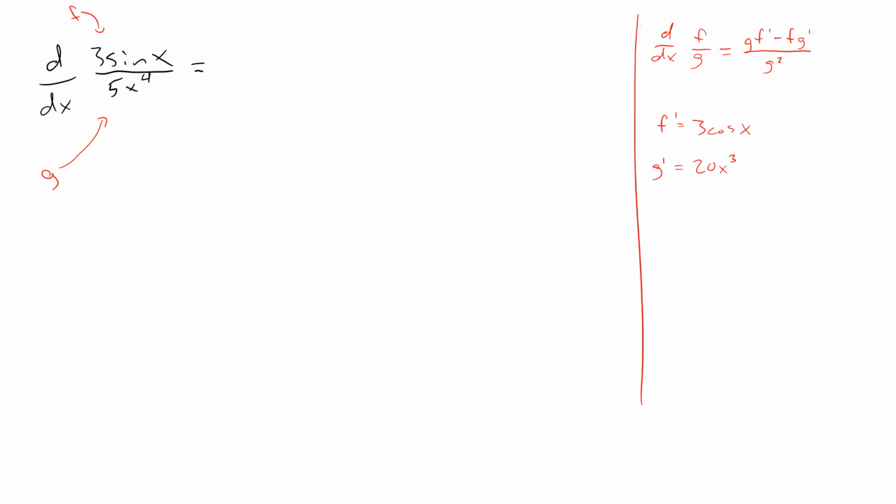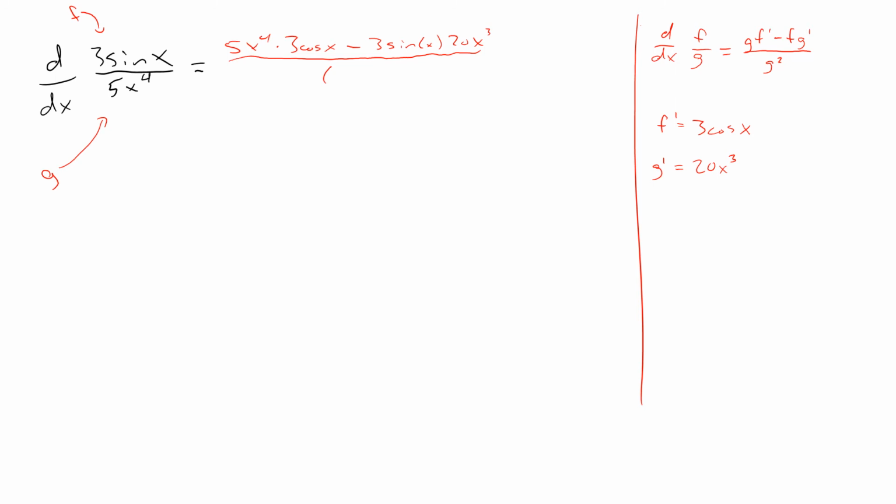Alright, to check your work, I have g times f prime, so that's 5x to the fourth times f prime, that's 3 cosine x, minus f times g prime, so that's 3 sine x times g prime, that's 20x cubed, and this whole thing is divided by g squared.